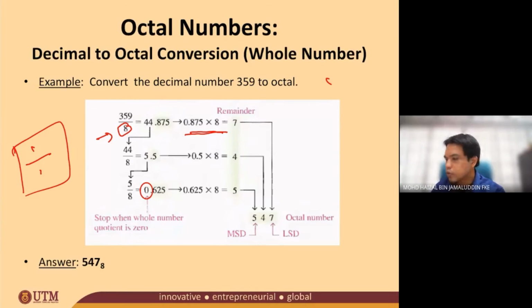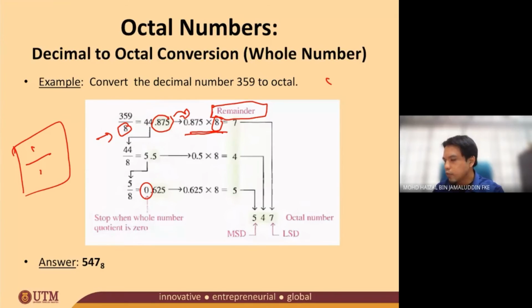Okay, so 359 divided by 8, we have 44.875. So 0.875 is the remainder. Before this, we took directly the value for the division of 2. This time, you take 0.875, bring it as a remainder, and multiply by 8.